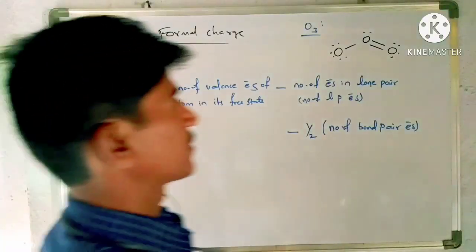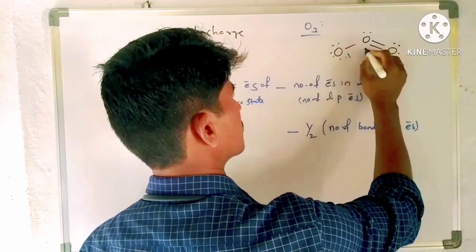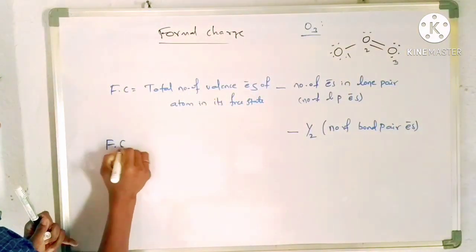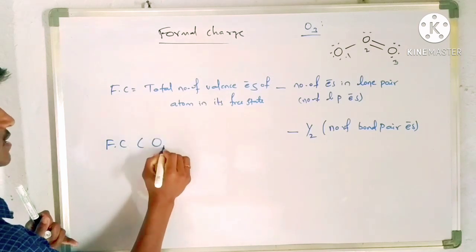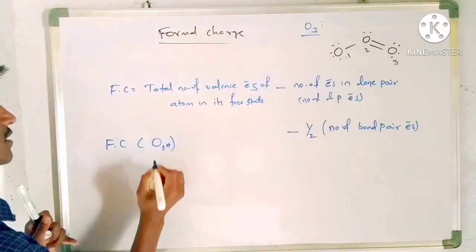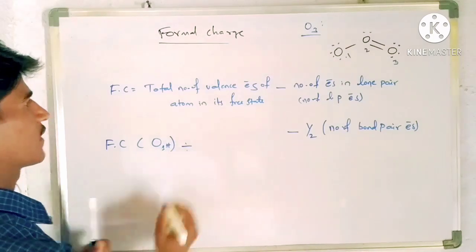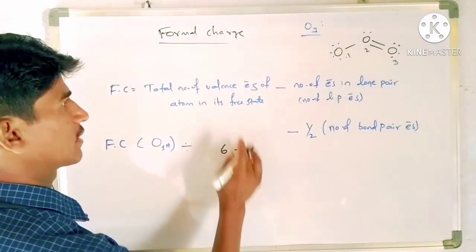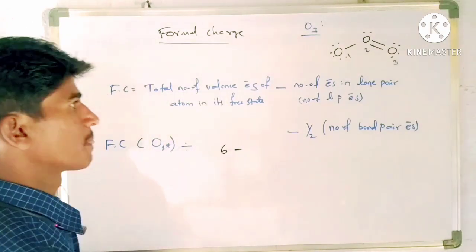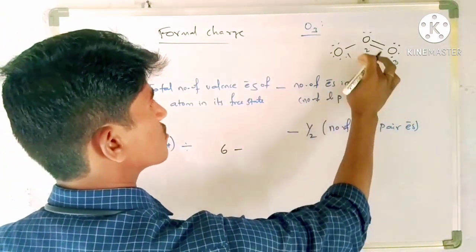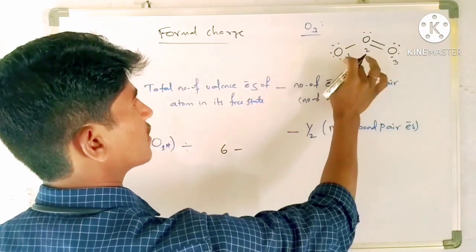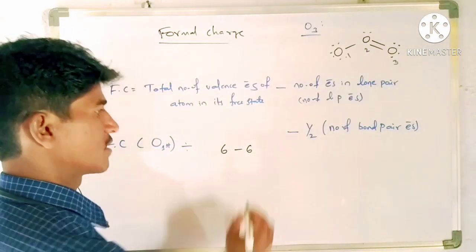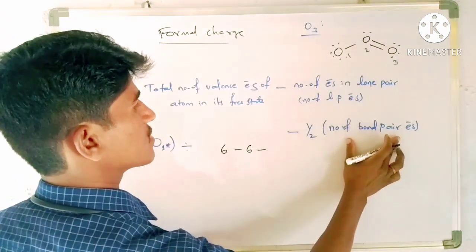So let us consider here 3 oxygen atoms. This is the first oxygen atom, second oxygen atom, third oxygen atom. Formal charge of the first oxygen atom: the number of valence electrons for oxygen is 6, we know very well. The number of lone pair electrons is 1 2 3 4 5 6, minus the number of bond pair electrons by 2.